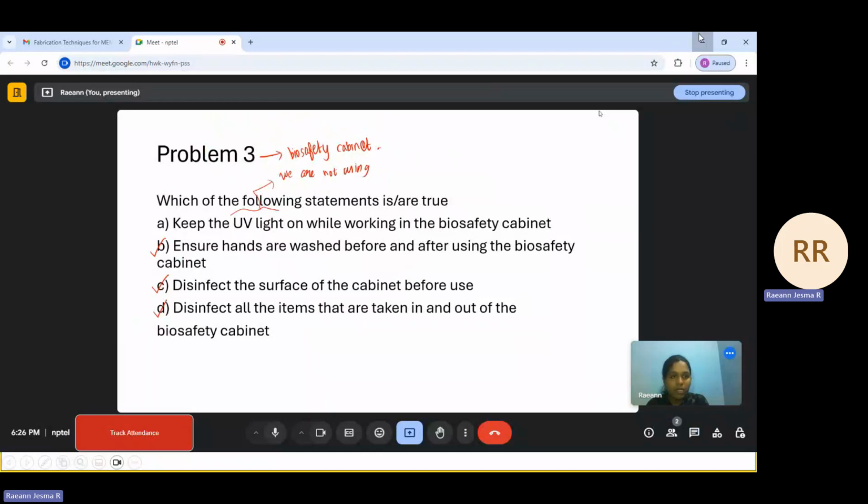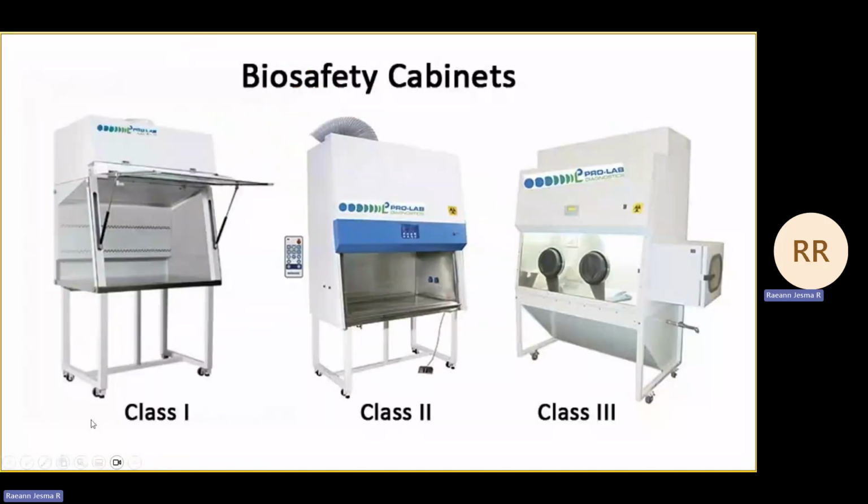And here in this figure, you can see 3 different kinds of biosafety cabinets: class 1, class 2, and class 3. These biosafety cabinets depend on the biosafety level. Class 1 and class 2 biosafety cabinets are used for biosafety levels 1 and 2.